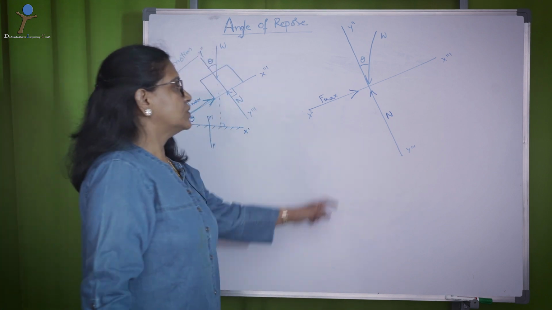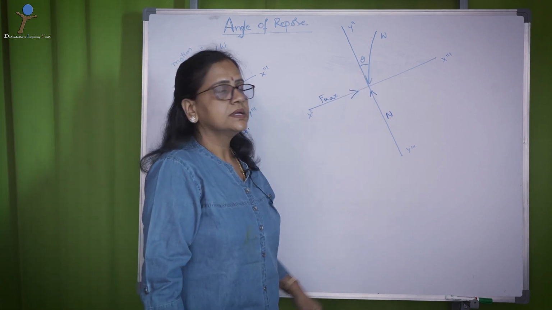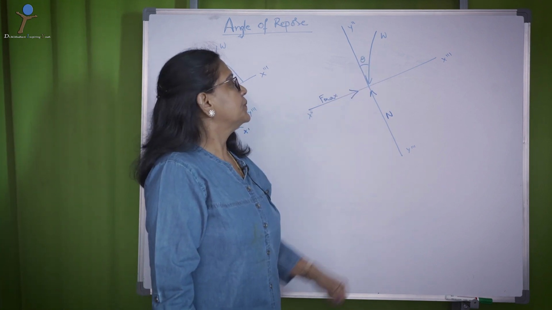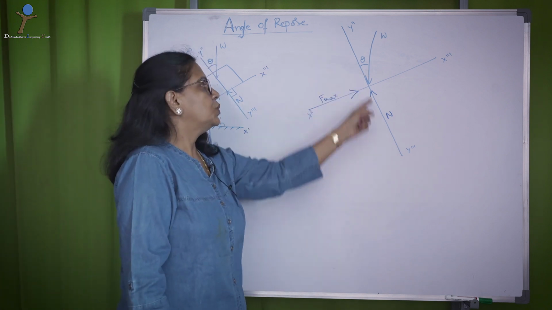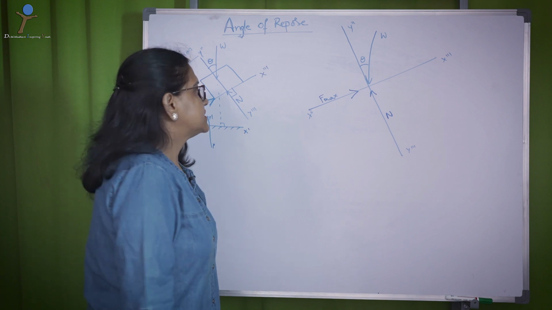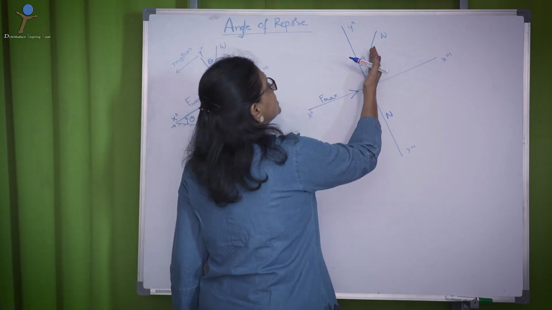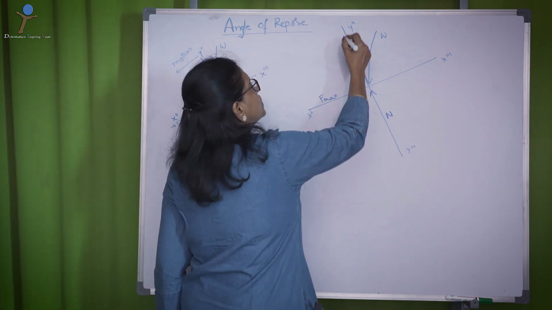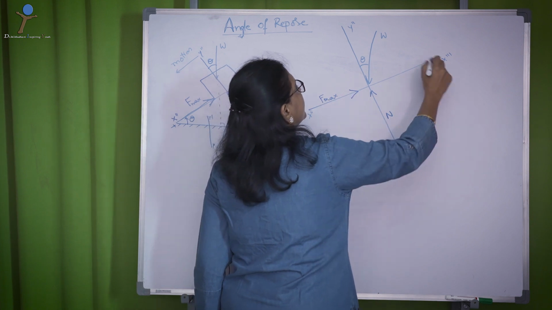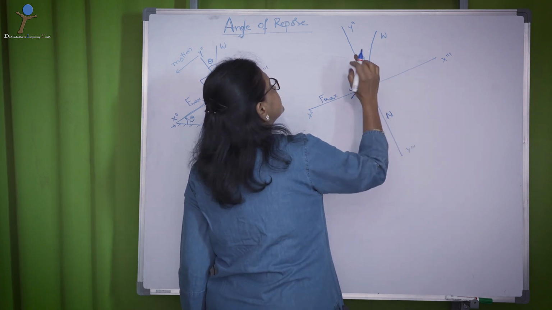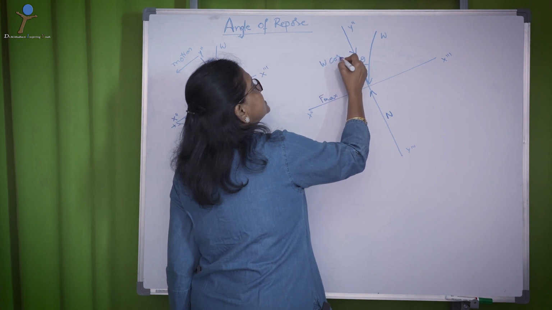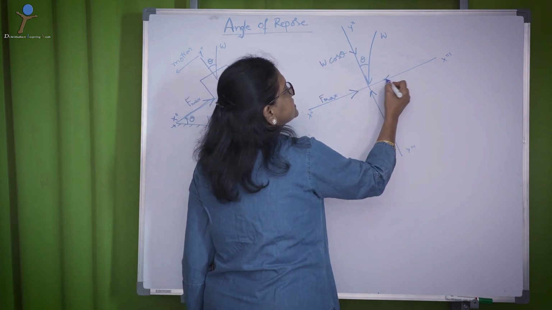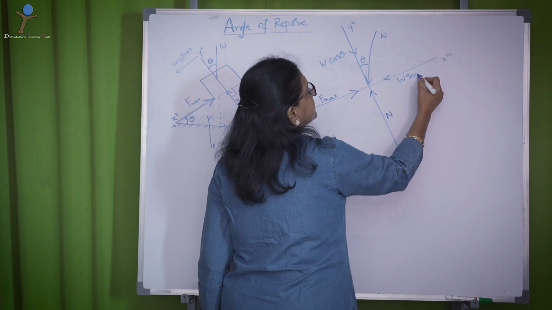So, the only force among the three, that is W, is inclined at an angle of theta to the vertical. Let us resolve this force onto the y-axis and x-axis. Since this is theta, we get this as W cos theta and this as W sin theta.